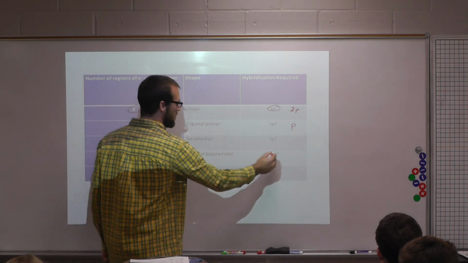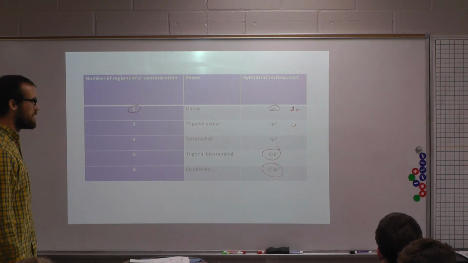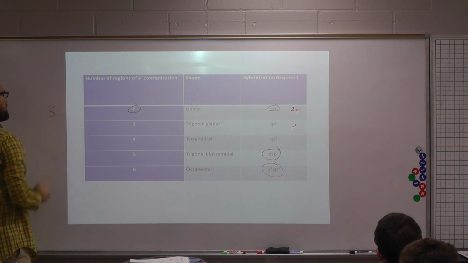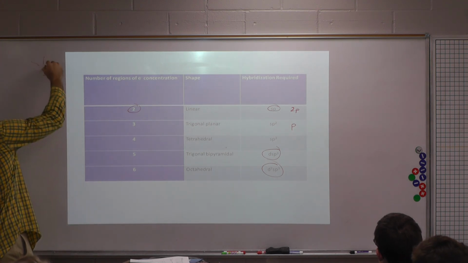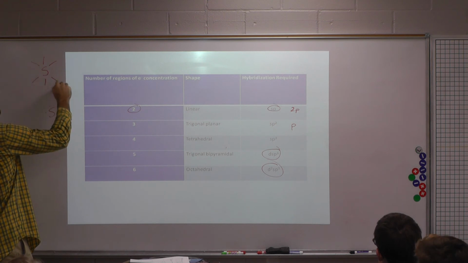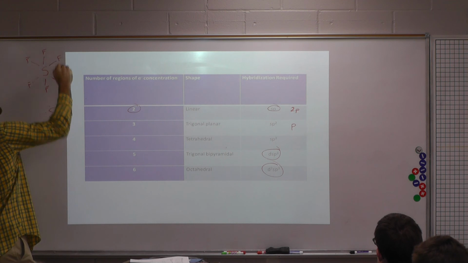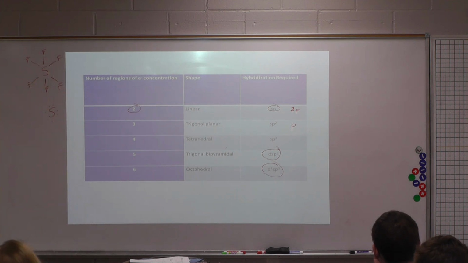This is where it gets a little goofy. So something like this, right? Do you remember doing a Lewis structure that looked like this? How could something with 2 bonding sites form 6 bonds?